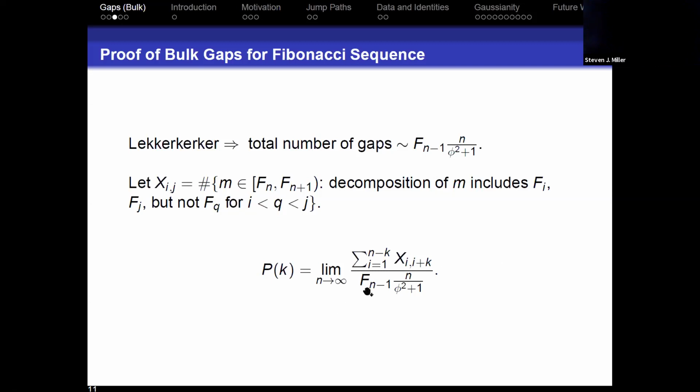And so Fn minus 1 is how many numbers I have in my interval. This is how many summands I have on average, or how many gaps I have on average. They're essentially the same thing. And so their product is going to be the number of gaps. So all we have to do is calculate this limit.